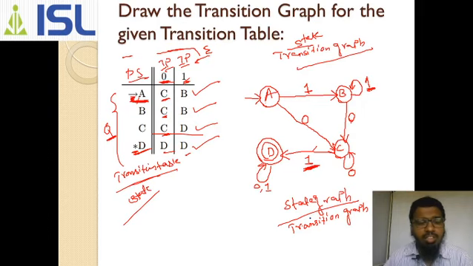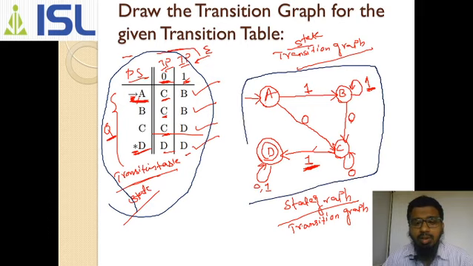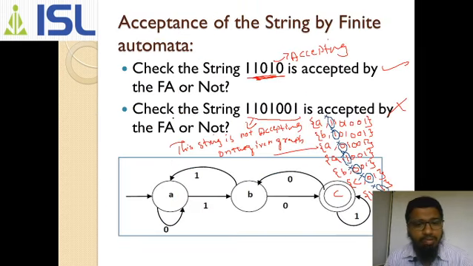Okay, and this is the same thing: we took the example, we took the transition table and we drew the transition graph or state graph. With the help of this you can draw it.